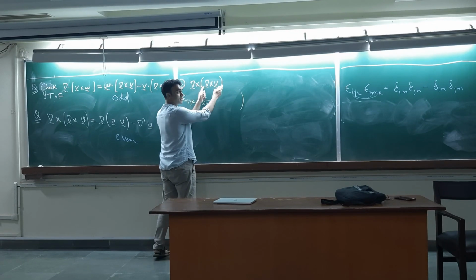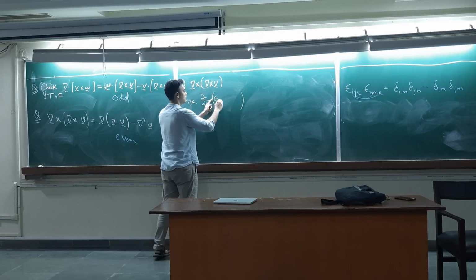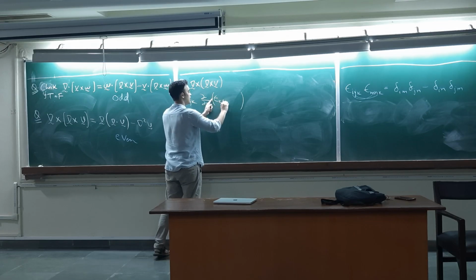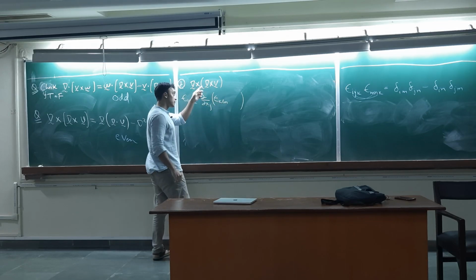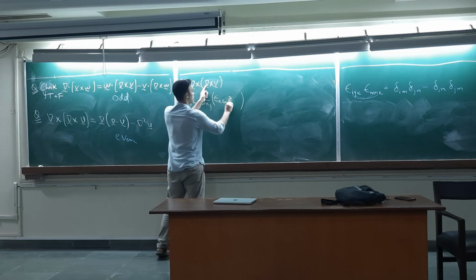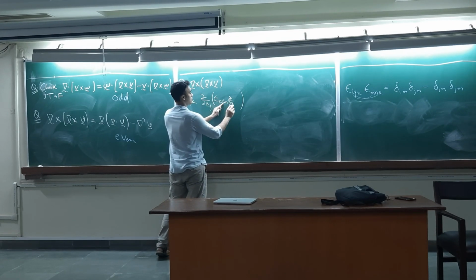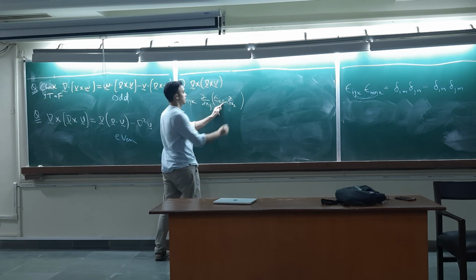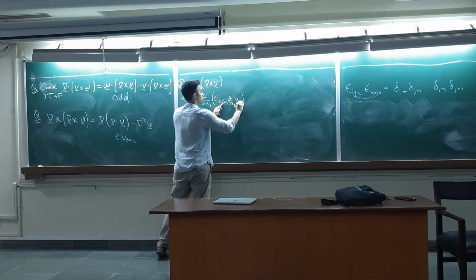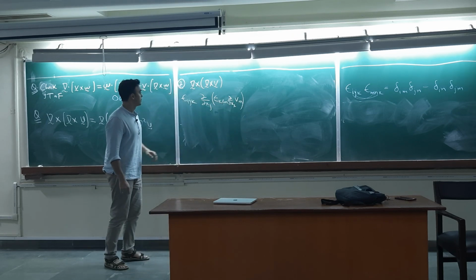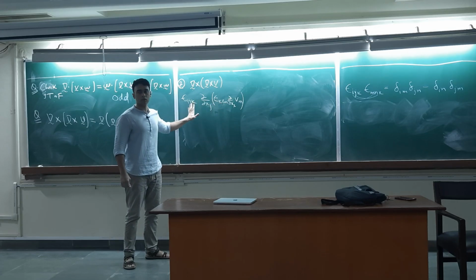This thing has to be k, so what do we have? Epsilon klm dou by dou xl, right? Vm. This can be taken out without any harm.